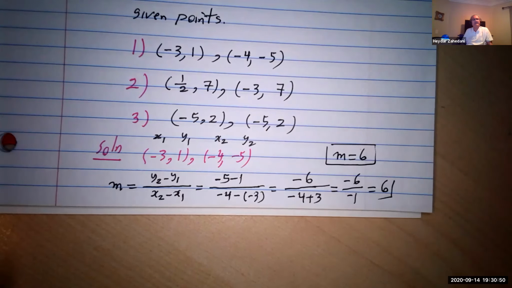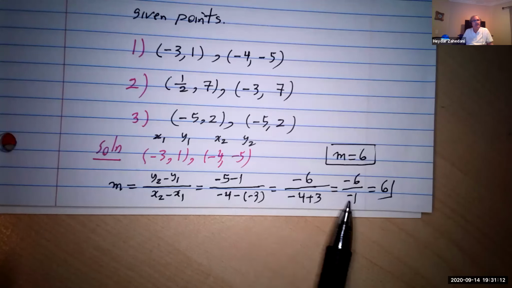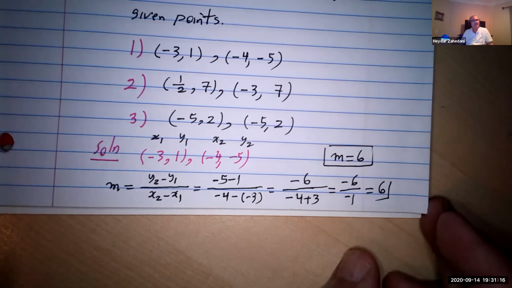When the slope is positive, it means you go up, and when the slope is negative, you go down. Positive means an increase, and negative means a decrease. That's case one. Any questions? When you substitute, make sure the double negatives are taken care of.